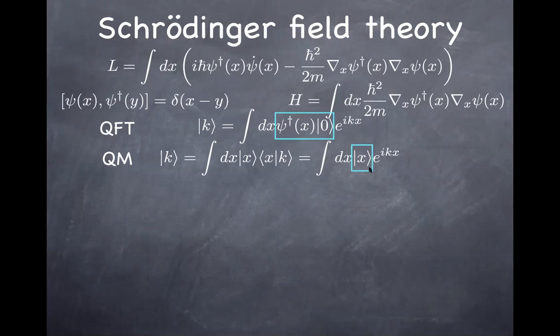And what multiplies the position eigenstate is supposed to be the wave function, which we have learned a lot and used a lot, the good old wave function that comes out of the Schrödinger equation. So the wave function is supposed to multiply the creation operator in the case of quantum field theory. So that's the new aspect.